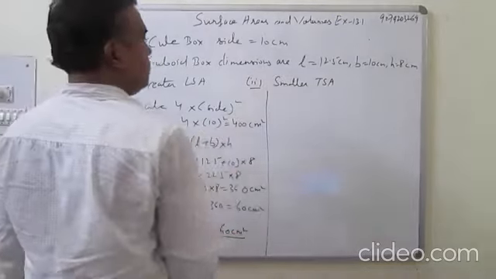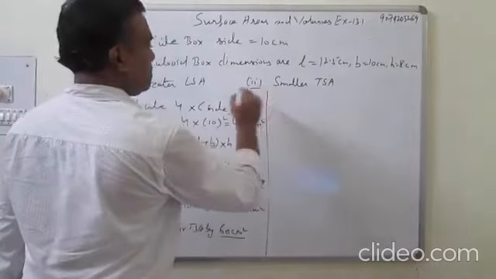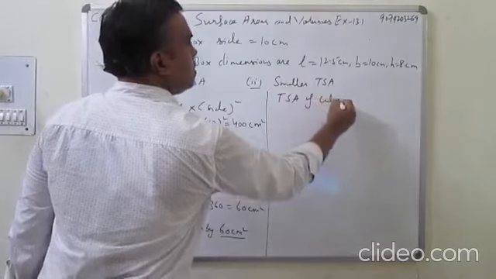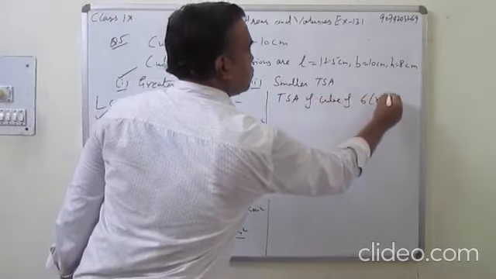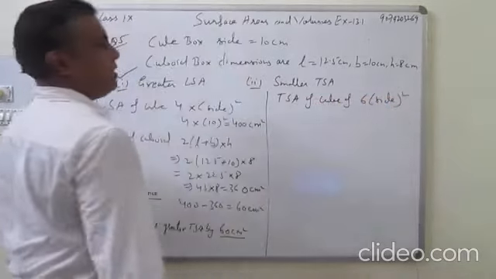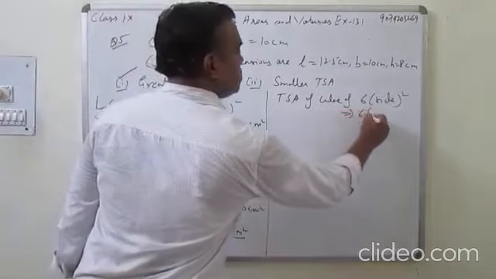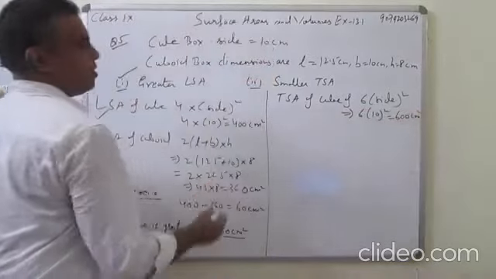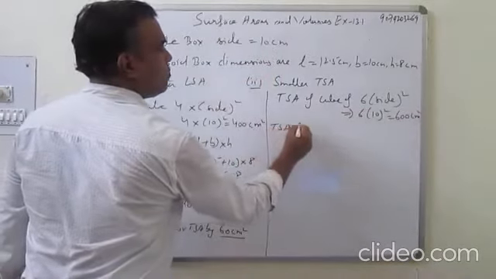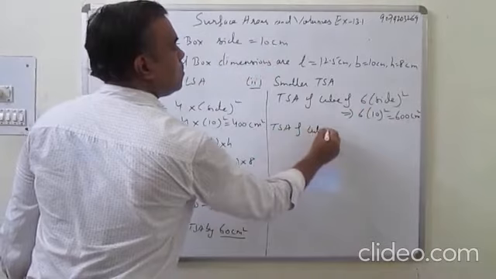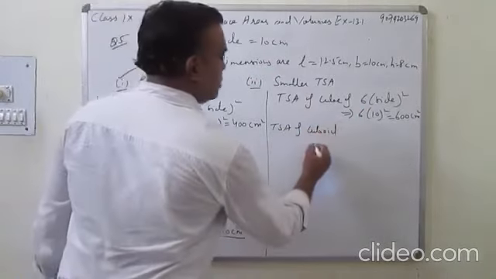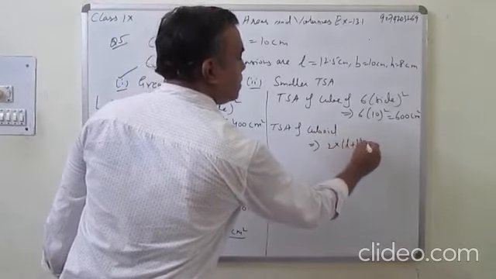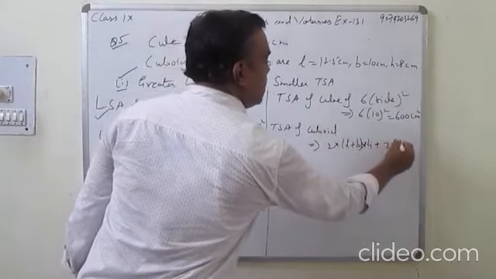Now smaller. TSA of cube is 6 into side square, so it becomes 6 into 10 square, equal to 600 centimeter square. Now TSA of cuboid is equal to what? Area of four walls, 2 into (L plus B) into H, plus 2LB.